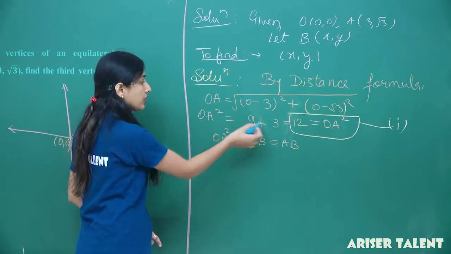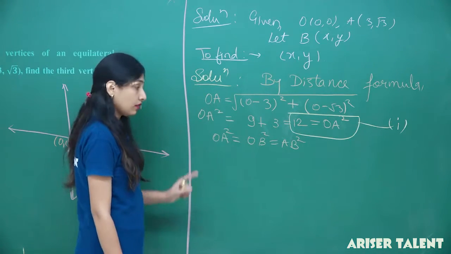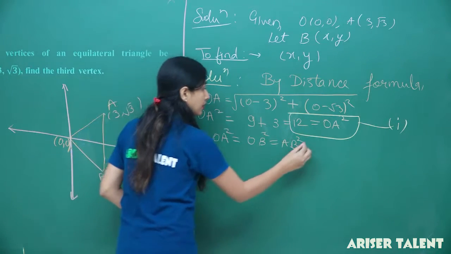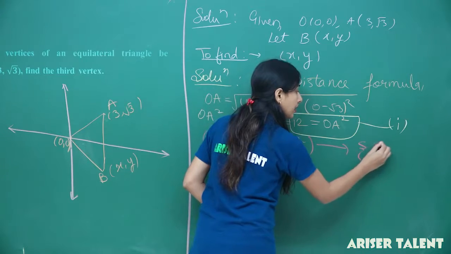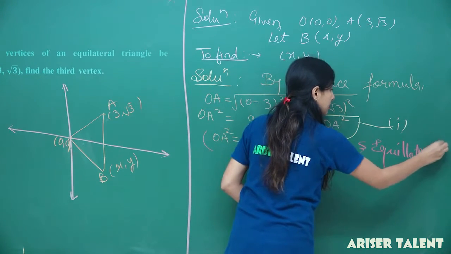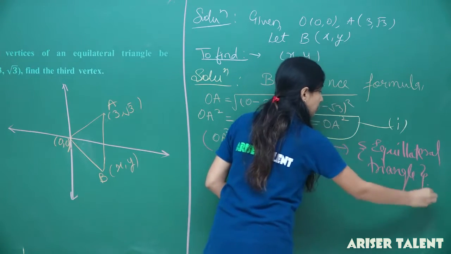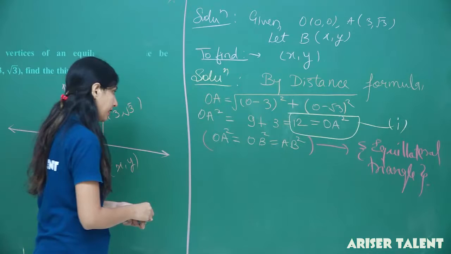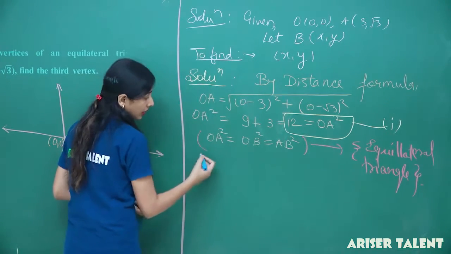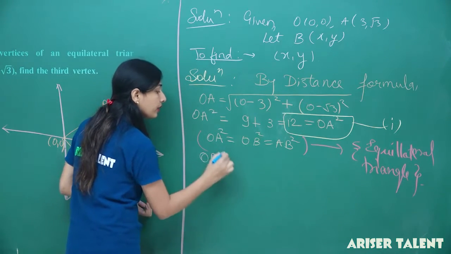So if OA square is 12, OB square will be the same, AB square will be the same, right? Now we have talked about OA, so we should talk about OB.